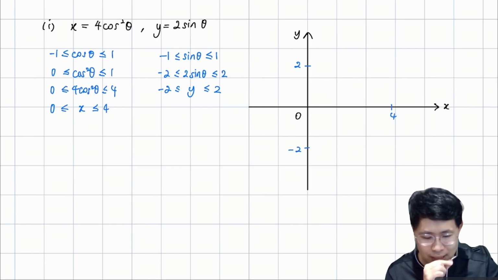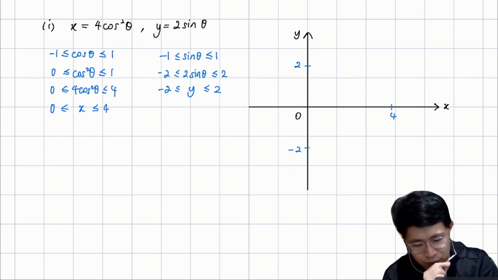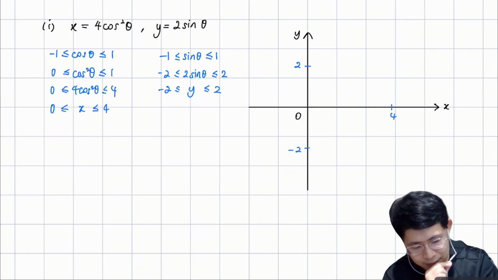Alright, so let's finally check whether this is an ellipse or a parabola. For this one, we're going to make use of the identity sine square plus cos square equals 1.